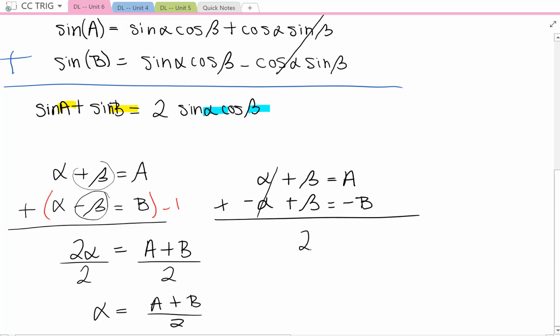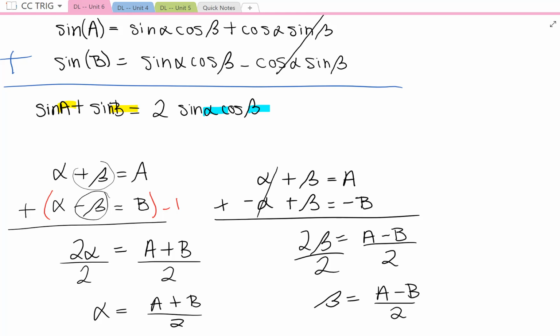Alpha minus alpha is 0. Beta plus beta is 2 beta equals A plus a negative B, so A minus B. The way that beta relates to A and B is that it is equal to A minus B divided by 2.